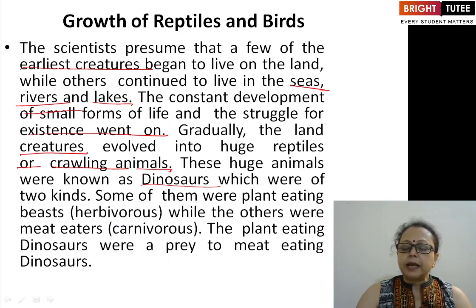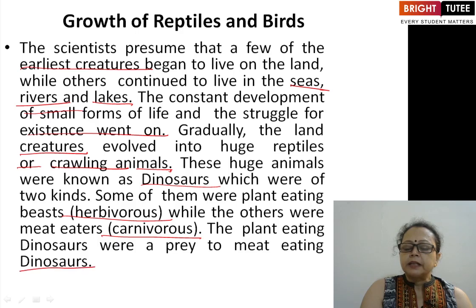Some of them were plant-eating beasts, that is herbivorous, while the others were meat-eaters, carnivorous. The plant-eating dinosaurs were prey to meat-eating dinosaurs. So this is all about the reptiles and the birds.